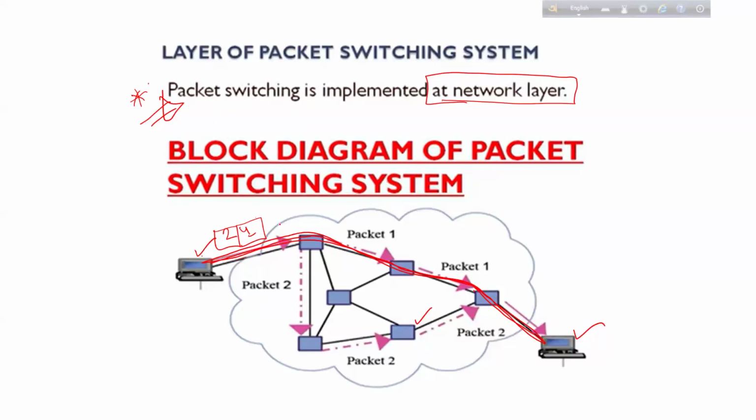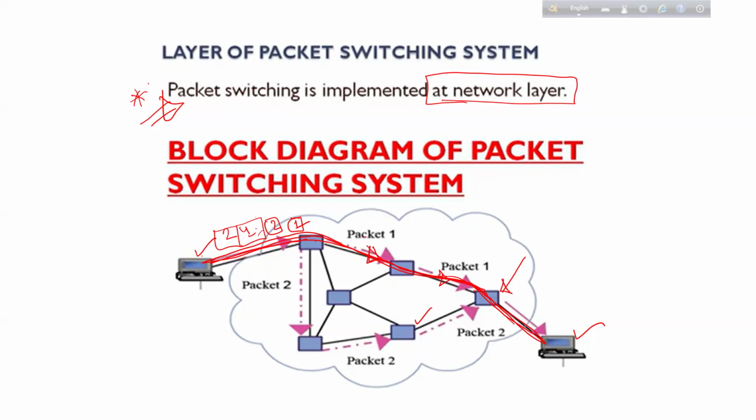Like I will send packet 1 first, then I will send packet 2 second. So my packets will be transmitted using this dedicated path. I need to establish a dedicated path before transmission.